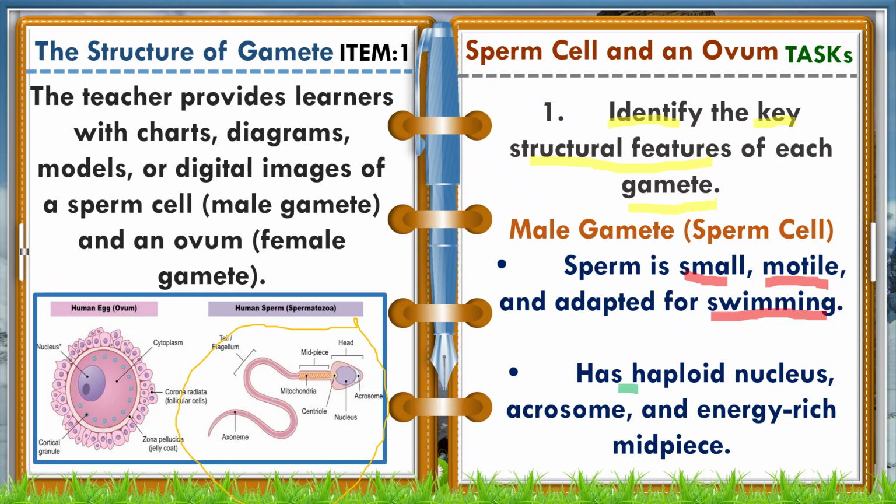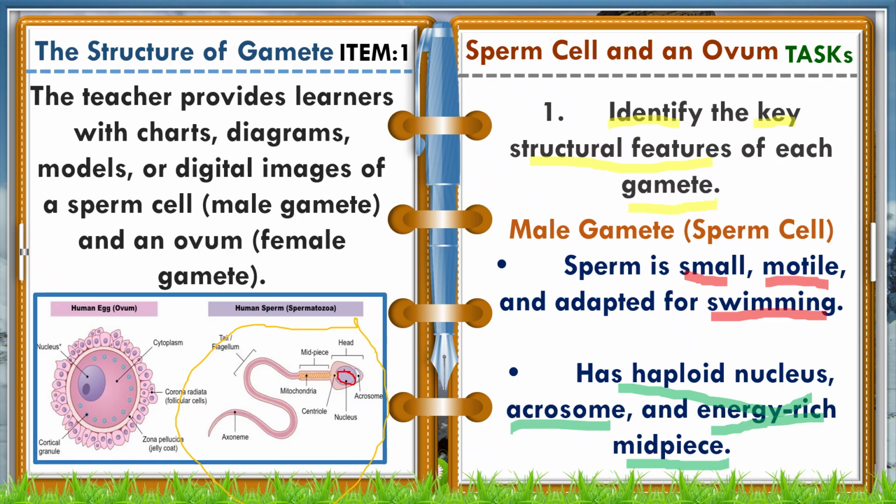It has a haploid nucleus, a chromosome, and an energy-rich middle piece. So when you look at it, it has the haploid nucleus. This one in the middle is our haploid nucleus.